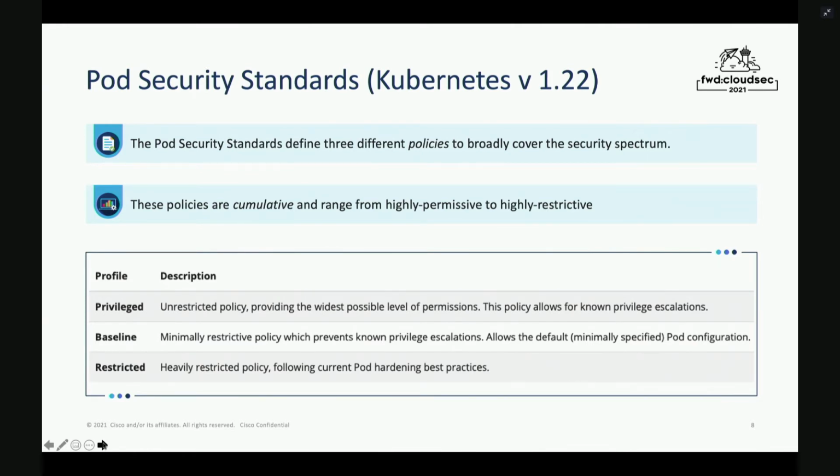The first one is privileged, which is completely unrestricted. You can do anything, it doesn't change anything. The baseline focuses on privilege escalation, so I want to minimize the context of the pod. And the restricted, which I think is a bit worrying as a word, because nobody wants to be restricted, but I would define it as the security best practices that really set up a good security posture for the cluster.